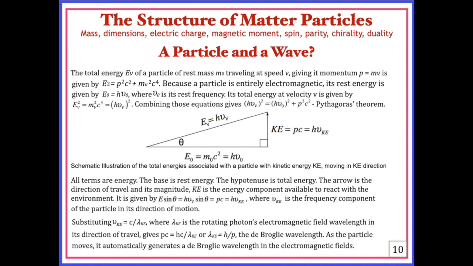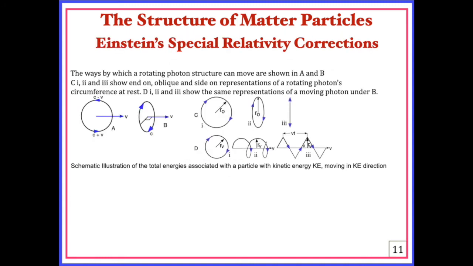In that manner, a slowly moving, lightweight particle, like an electron, can generate quite a large electromagnetic disturbance, making it look as if it is a large particle. The reality is that its electromagnetic field automatically adjusts to its moving conditions. There's not a beat frequency between moving and rest particles. It's a frequency generated by the particle's own electromagnetic field as it moves, and it will travel with the particle.